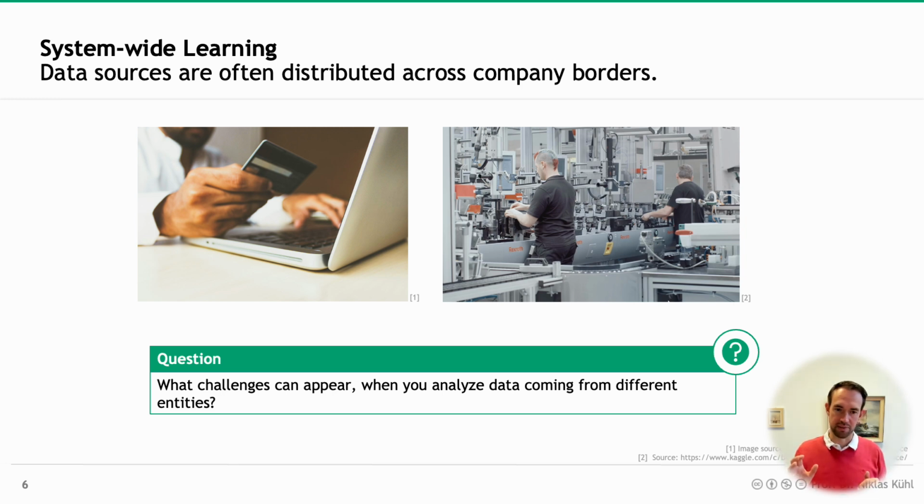We can only see the products coming out. Now, for predicting downtimes or failures in productions, it would be immensely helpful to understand what's going on in these vendors. But as they lie outside our company borders, we cannot have access to that data. So as you can see, that is a very typical case in the real world.